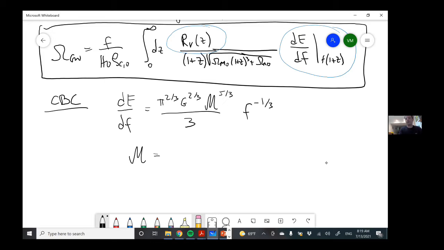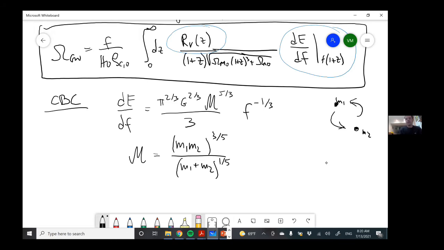If we define two objects to have masses m1 and m2, revolving around each other, then the chirp mass is defined by (m1 m2)^(3/5) divided by the total mass (m1 + m2)^(1/5). This quantity still has the units of mass, but it's a very particular combination of these masses that becomes important.